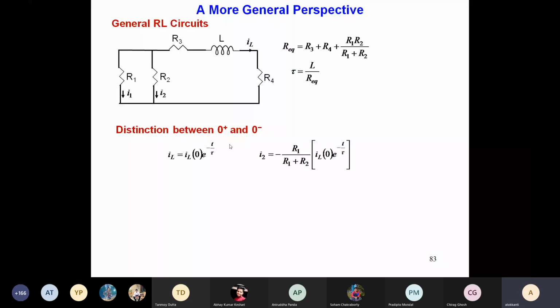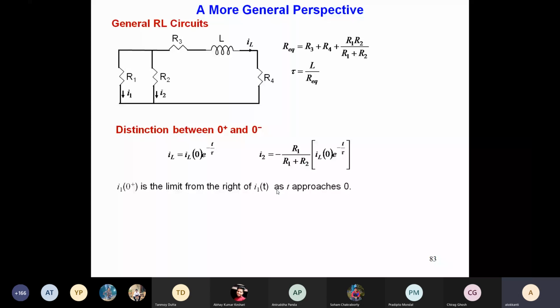Similarly, if you are asked to find I1 at 0 plus, it is basically the limit from the right hand side as t approaches 0. Around 0 you basically have two sides: coming from the right hand side towards 0, or from the left hand side towards 0.